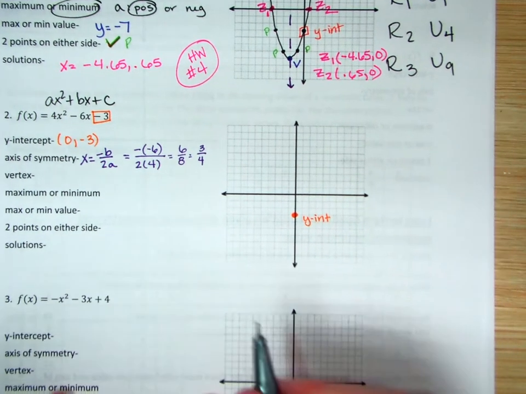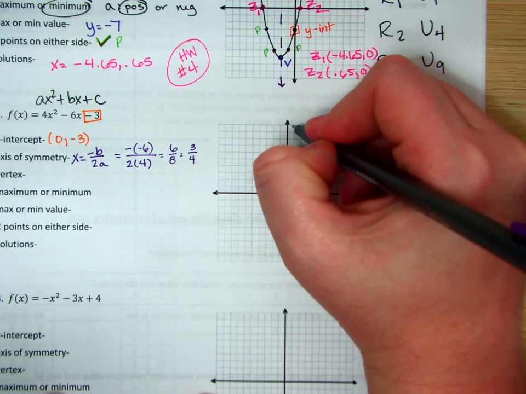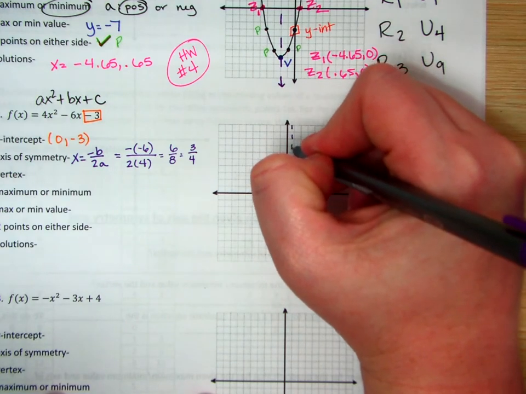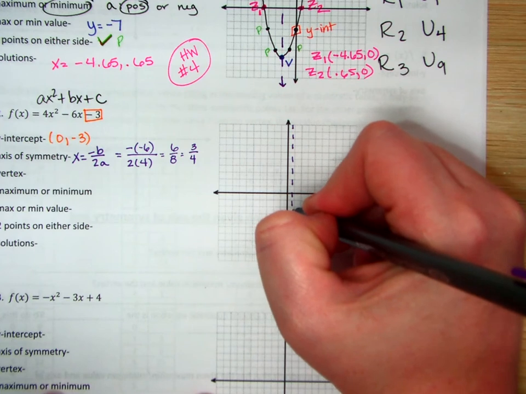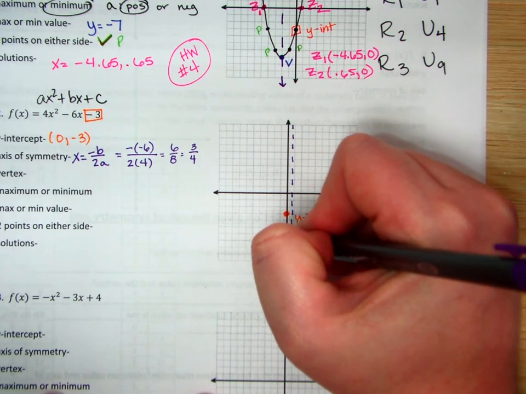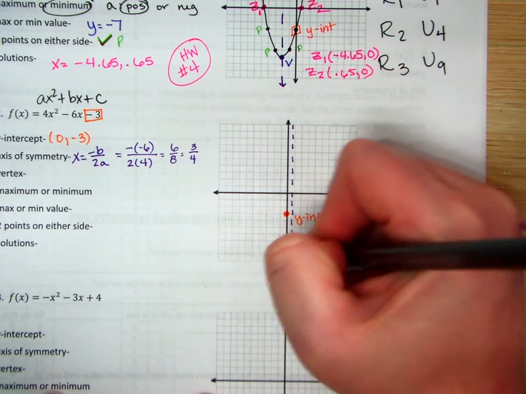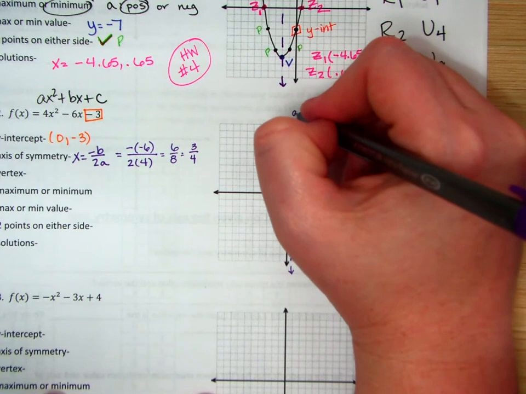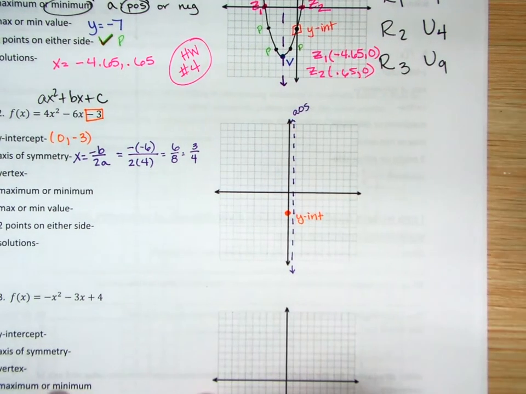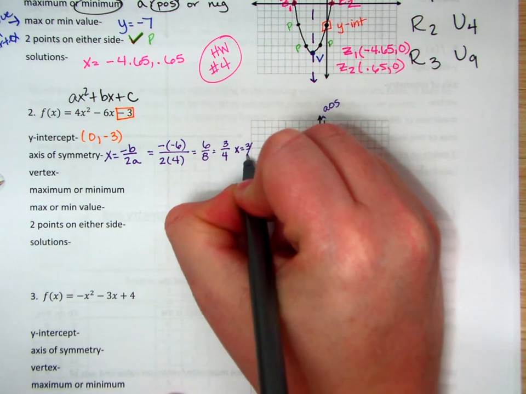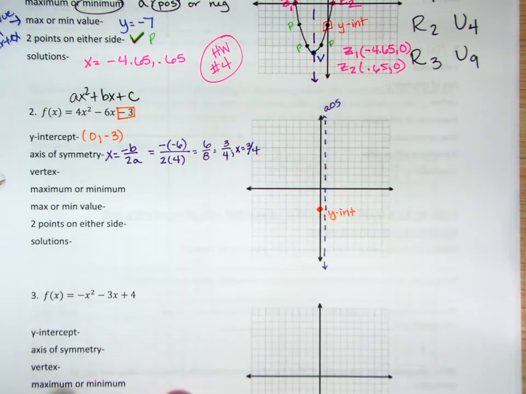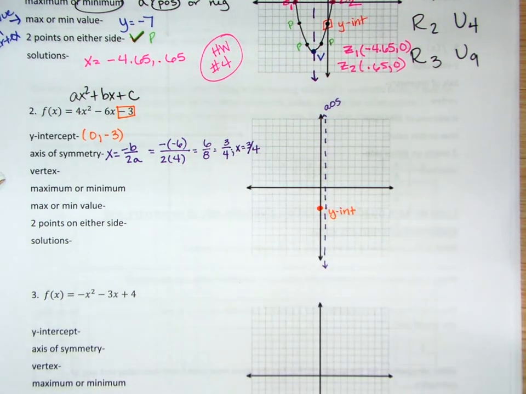So 3/4 is roughly on the line, but not exactly. That's our AOS, axis of symmetry. Gotta write that as an equation. I apologize.